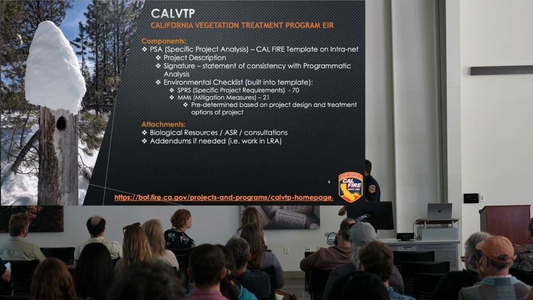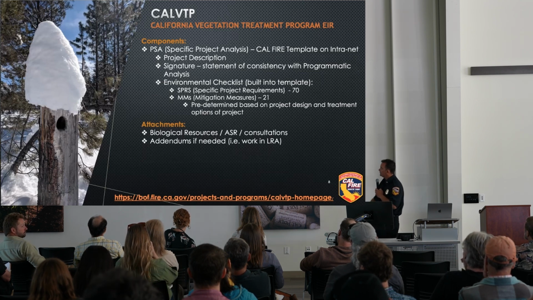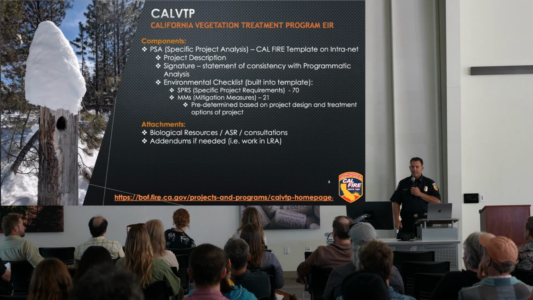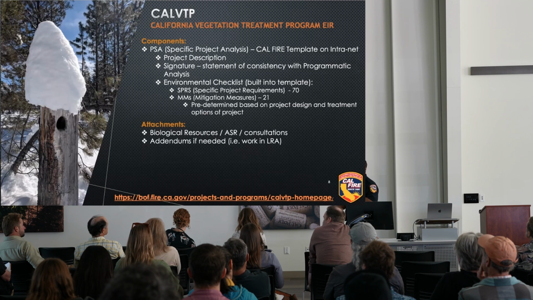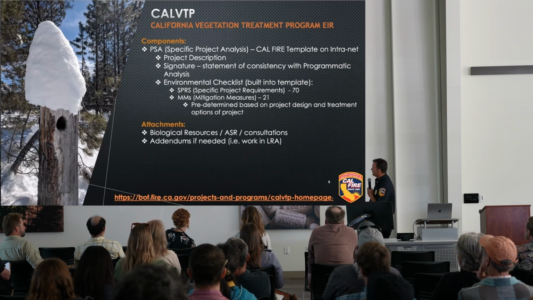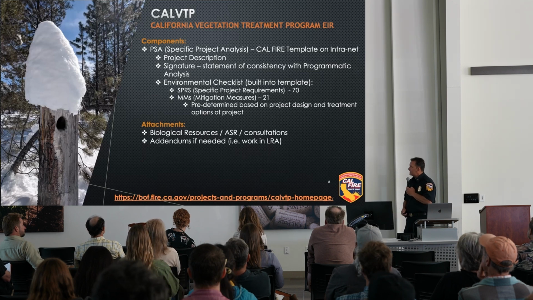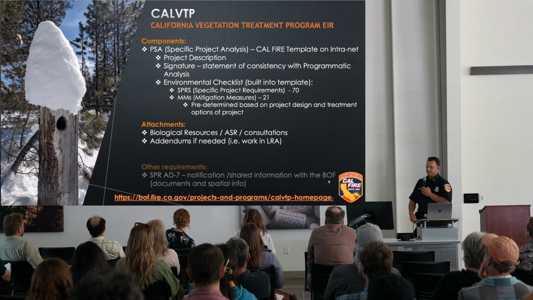Part of that project-specific analysis includes the environmental checklists, the SPRs, the specific project requirements, which there are 70 of them, which end up being tied to mitigation measures within the project. Those mitigation measures are what you agree to do in order to avoid your impact. It comes with attachments, such as biological resources and addendums if needed.